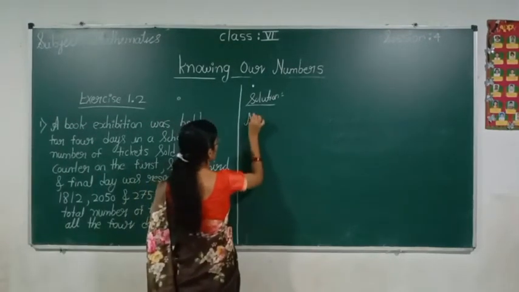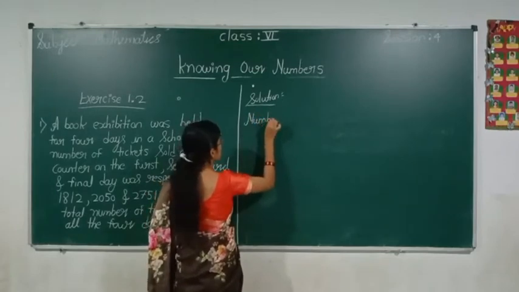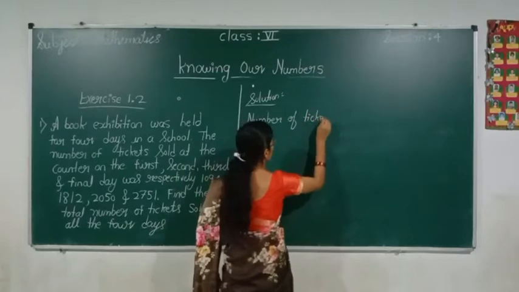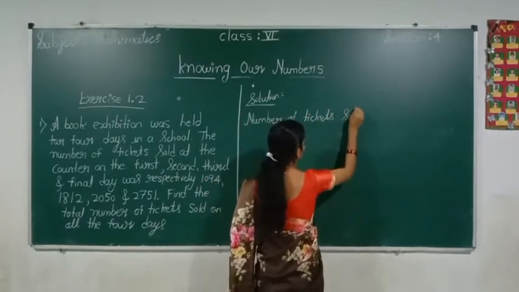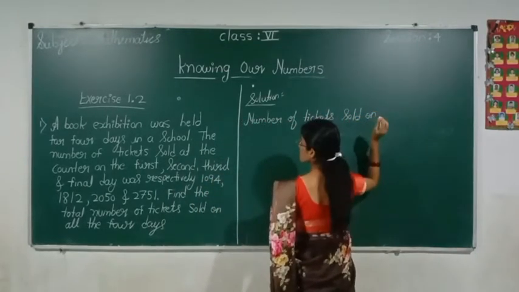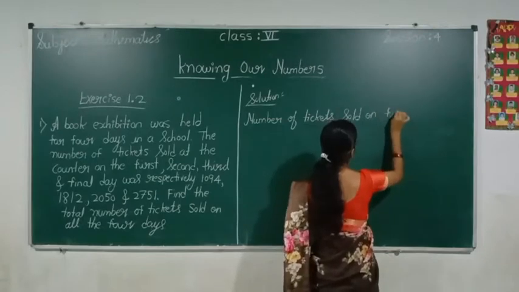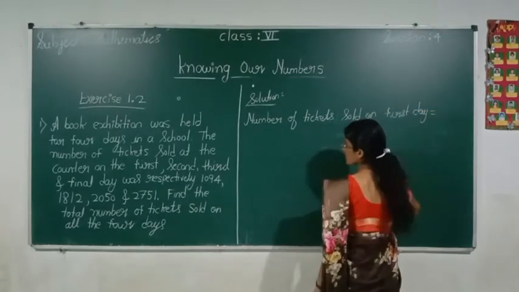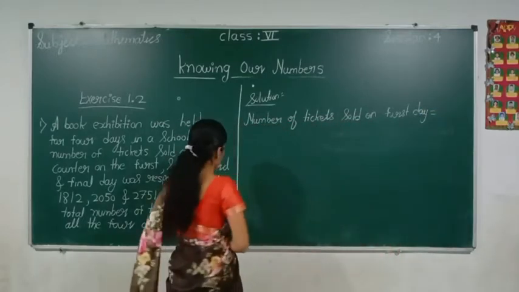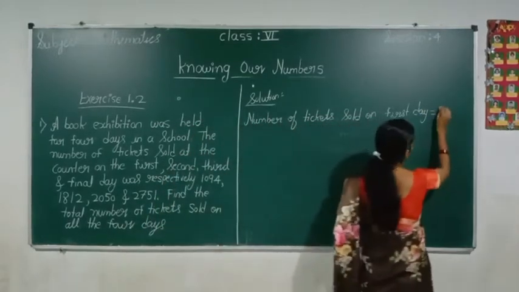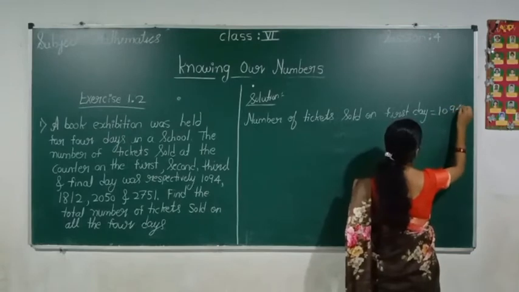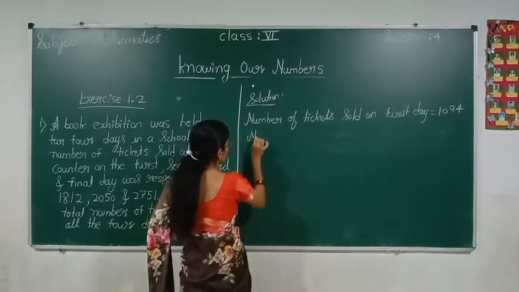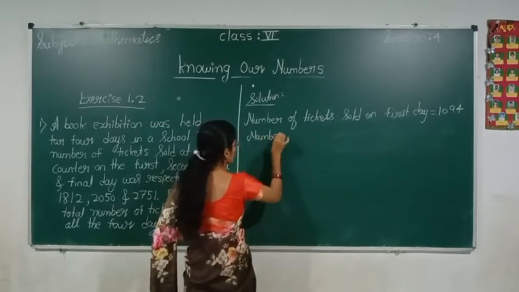See here, number of tickets sold on first day. How many tickets were sold on the first day? It is 1094. Okay. Number of tickets sold in second day.